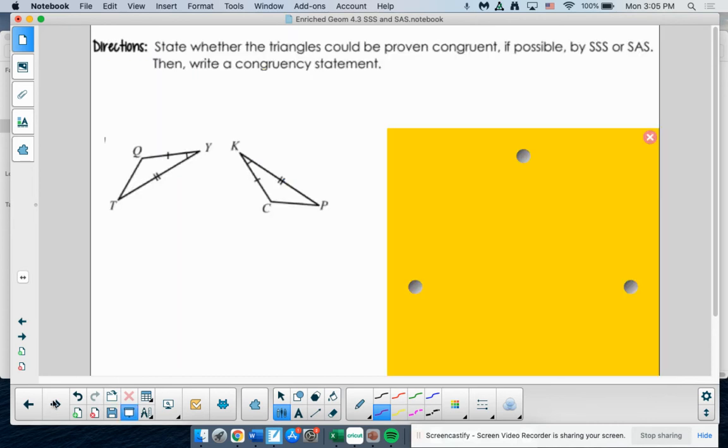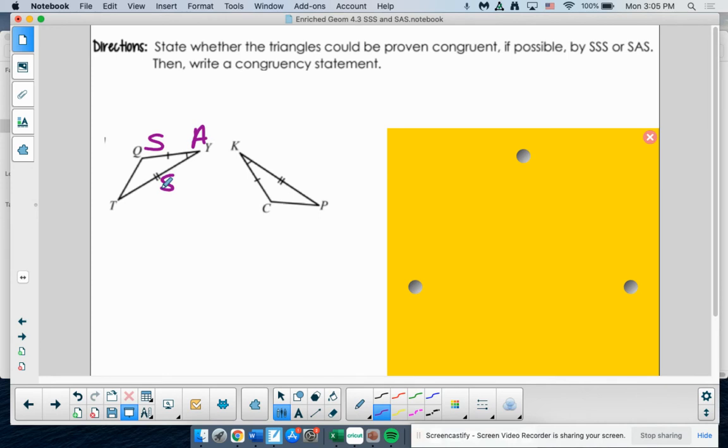Okay, state whether the triangles could be proven congruent, if possible, by side, side, side, or side, angle, side. Then write a congruency statement. This is what I like to do. I just like to start on one of my triangles and go around. So I notice here that this tick mark is telling me a side congruency. So I have a side, and then Y is congruent to angle K, so that's an angle marking. And then I have two tick marks here denoting that TY is congruent to KP.